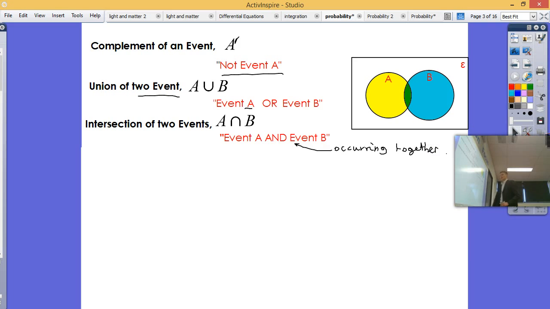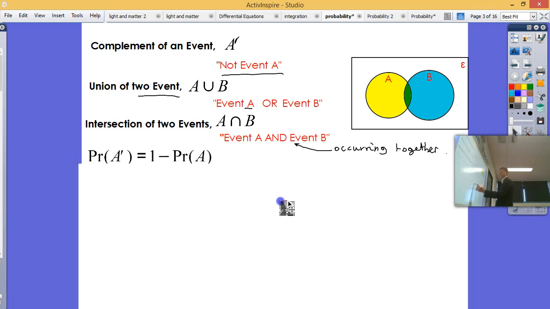And it could even be 2 events happening one after the other, such as I flip a coin, then I roll a dice. And what's the probability of flipping a head and rolling a 6?